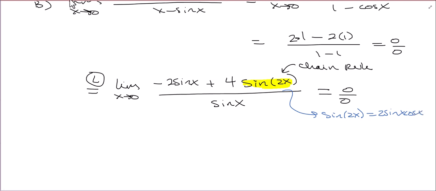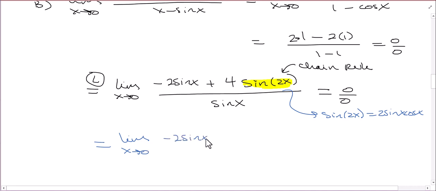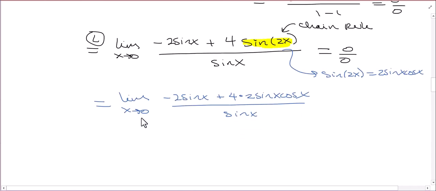So let's rewrite it. So notice that now I'm not putting the L because I am not using L'Hopital's rule. I'm just rewriting. So I'm going to have minus 2 sine x plus 4 times sine of 2x, which is 2 sine x cosine x over sine x. And this allows me to then factor that sine x out. So I factor out the sine x.